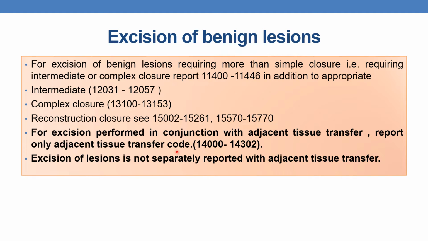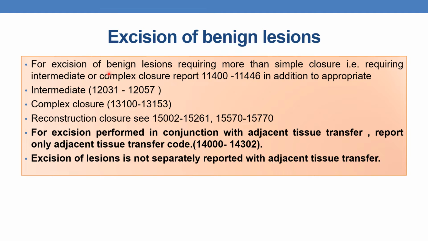For excision performed in conjunction with adjacent tissue transfer, this is an important point: report only adjacent tissue transfer codes. We will discuss this adjacent tissue transfer when we discuss repair.